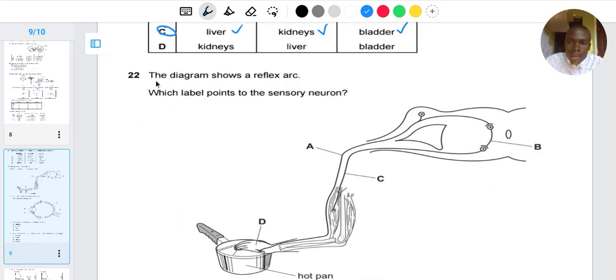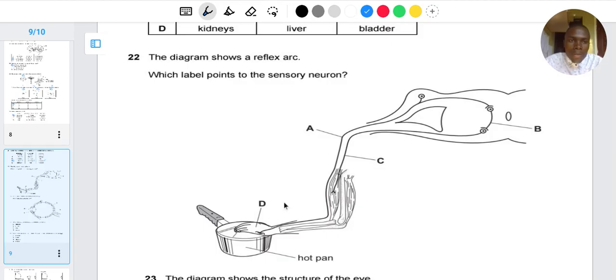Then the second one is saying, the diagram shows a reflex arc. Which label points to the sensory neuron? Okay, so the sensory neuron is always found at the receptor site. So the skin on the hand here has the receptors which are able to detect the stimulus.